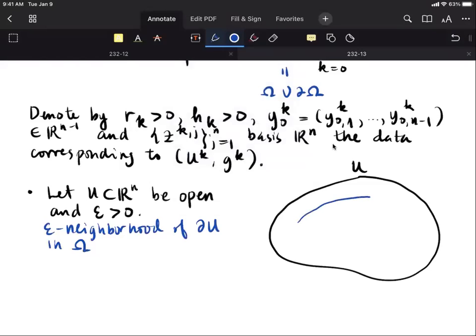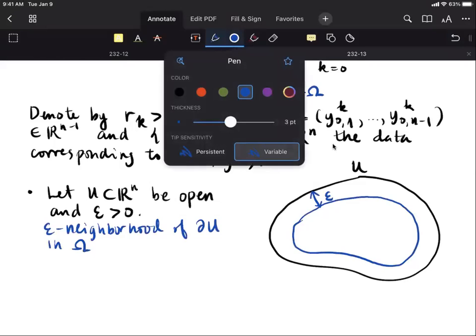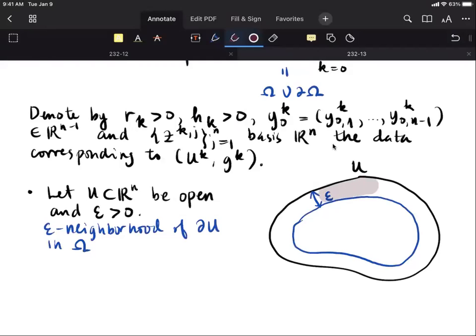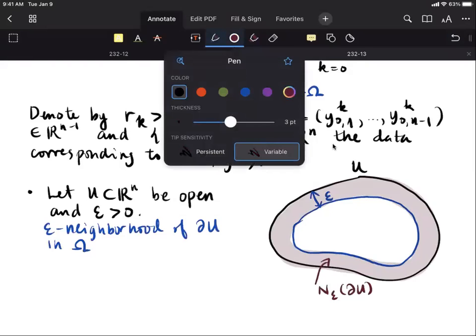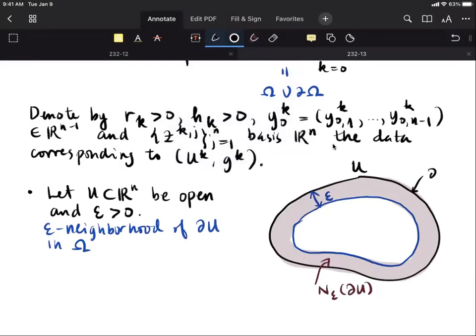You take this and consider a uniform width epsilon. Then the shaded region is what we call the epsilon neighborhood of the boundary of omega in capital U, and we denote it by N sub epsilon of the boundary of omega in U. So this part here is the boundary.